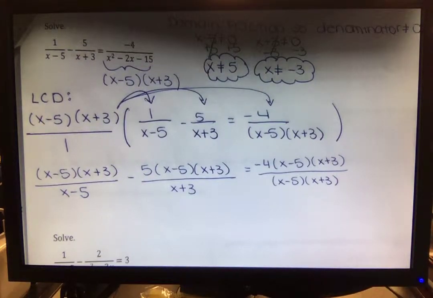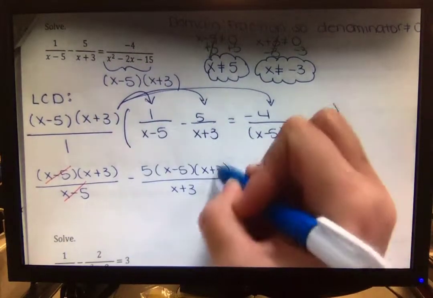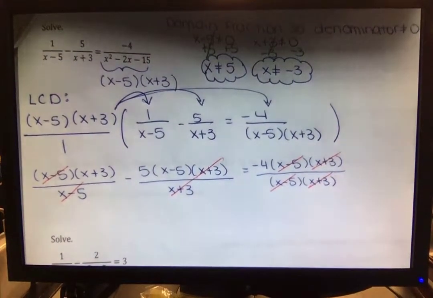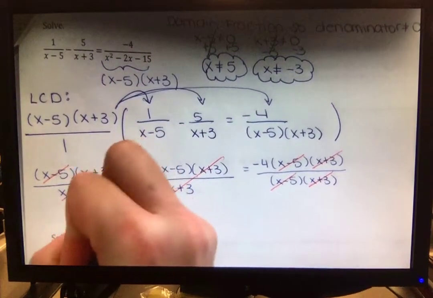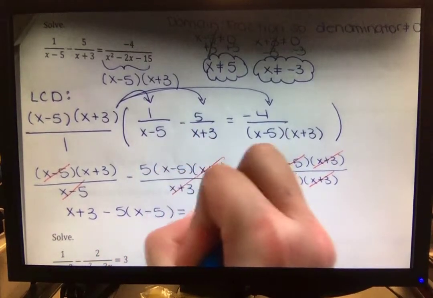What factors cancel? x minus 5, x plus 3, x minus 5, and x plus 3. So we're left with x plus 3 minus 5 times x minus 5 equals negative 4.